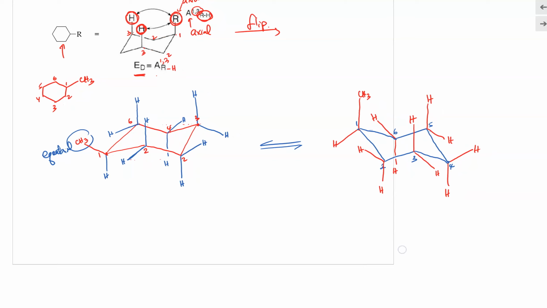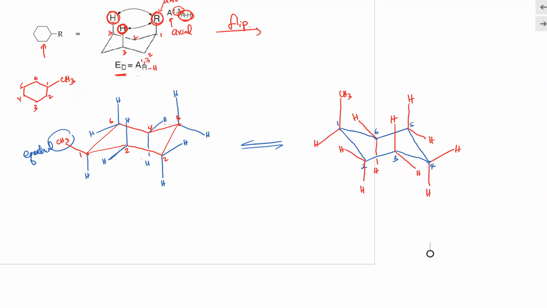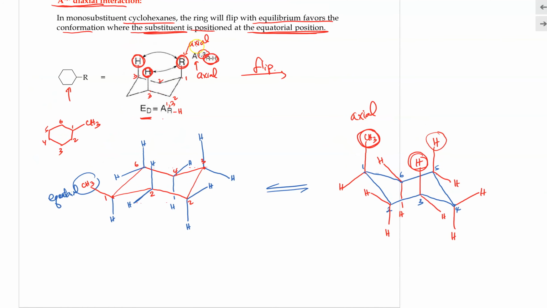Okay, and now let's figure out which between these two conformations will be more stable. So when we look at the right one, now we have this methyl group that comes in and interacts with this hydrogen right here. Because this is in the axial location, it exhibits the interaction that we discussed earlier.